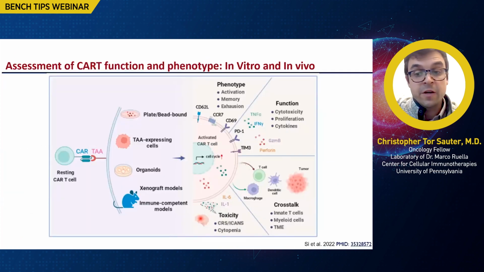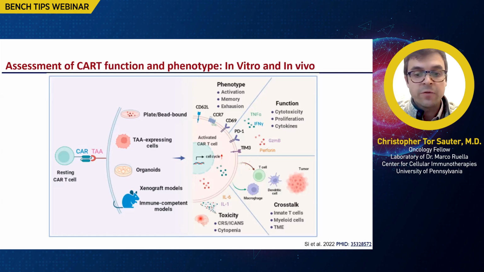Methods to evaluate CAR T-cell function uniformly start off with stimulating a T-cell via the CAR receptor using the target antigen. This can be done using antigen bound to an aggregate or using cells expressing a target antigen. Or to understand more complex environments, physiologic stresses can be done using organoids or in vivo model systems.